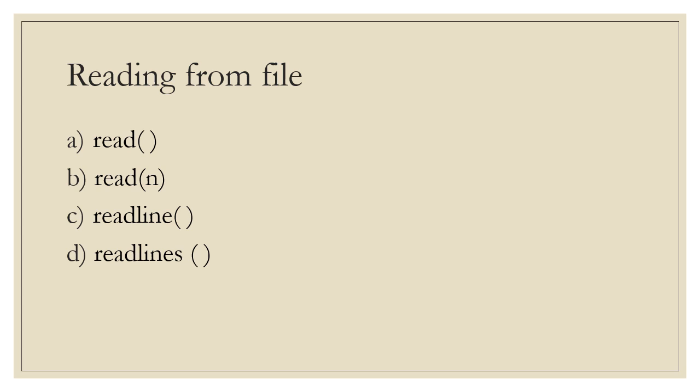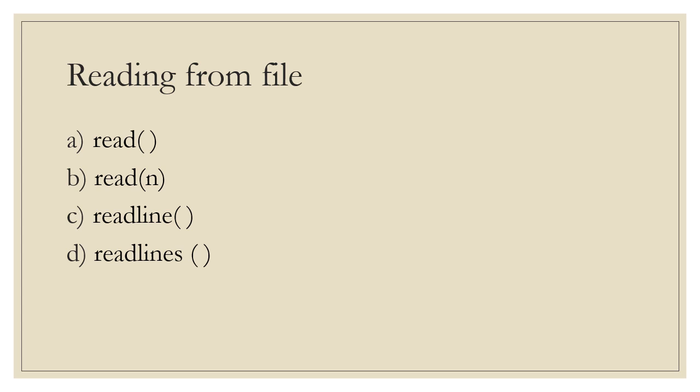If the file holds fewer than n characters, it will read until the end of the file. readline() reads only one line from the file, starting from the cursor up to and including the end of line character. And the fourth one is readlines(), to read all lines from the file into a list. It starts reading from the cursor up to the end of the file and returns the list of lines.